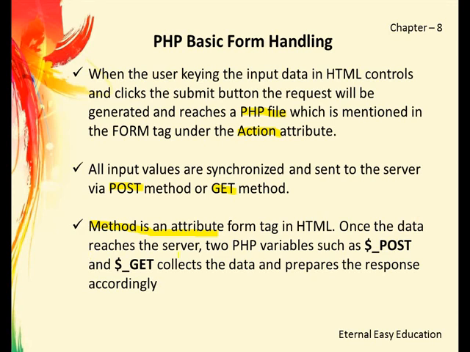Once the data reaches the server, two PHP variables, $_POST, a predefined variable given in the library, and $_GET, collect the data and prepare the response accordingly. So, how is PHP going to control or validate the data? Using the attributes action and the method, post and get.